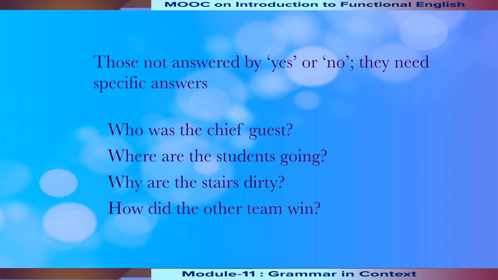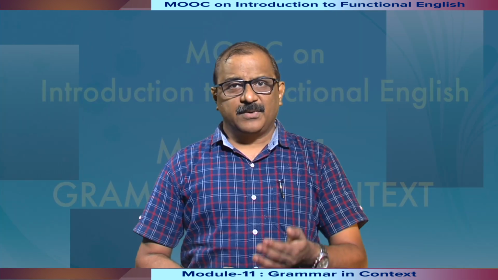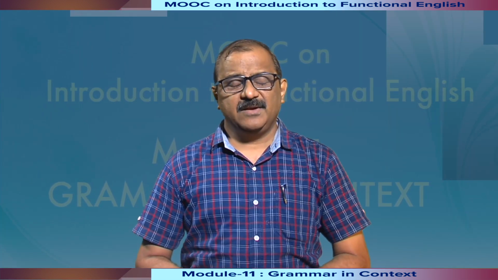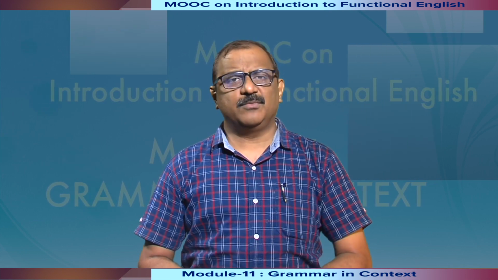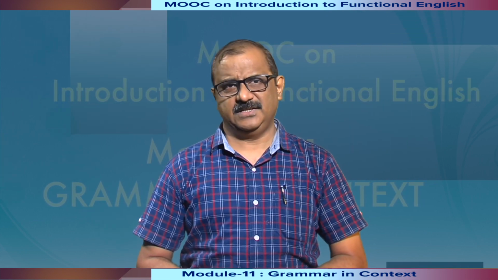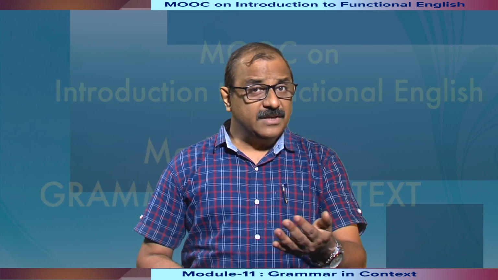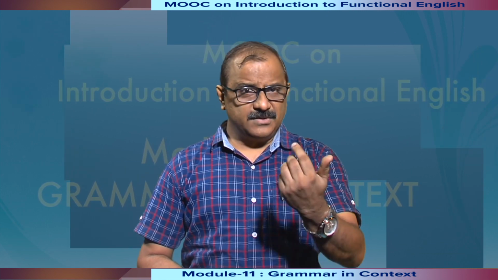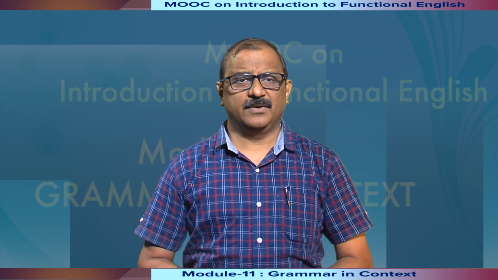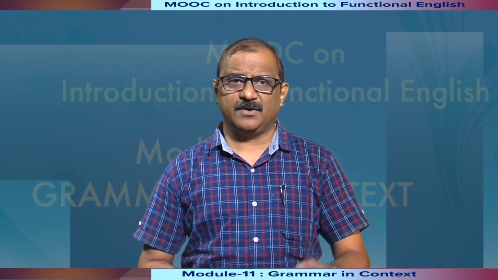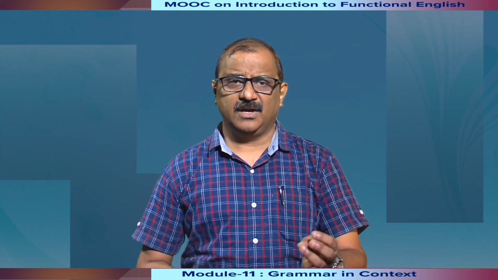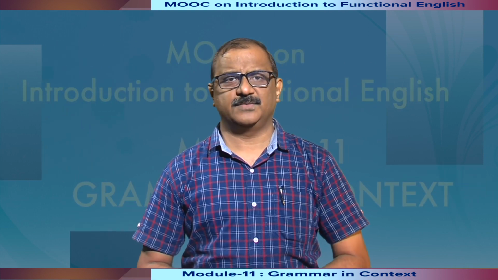Right. Let us look at the first, yes-no questions. Primary auxiliaries play an extremely important role in the formation of these yes-no questions. I will take the examples of the be verb and the have verb. The be verb has different forms: is, am, are, were, was, etc. All these are different forms of the be verb.